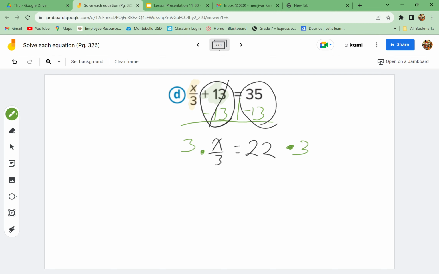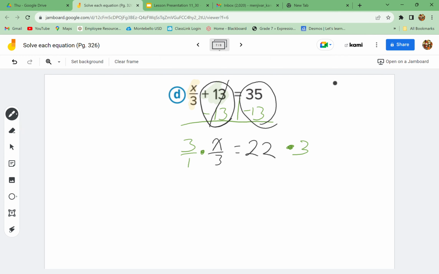So what happens is that on the left, there's an invisible 1 here. When I multiply this, I technically have to multiply across, just like we've done before, 3 times x and 3 times 1. So I'm going to show a little work so you can see how this works.